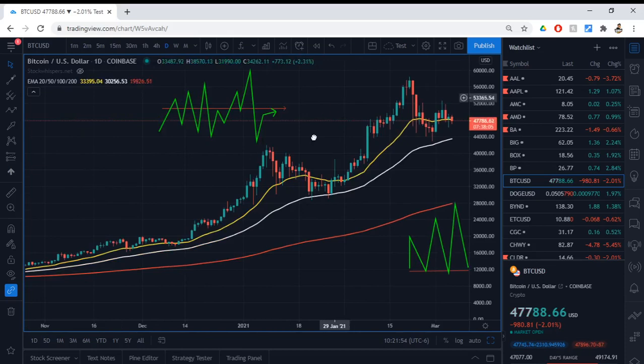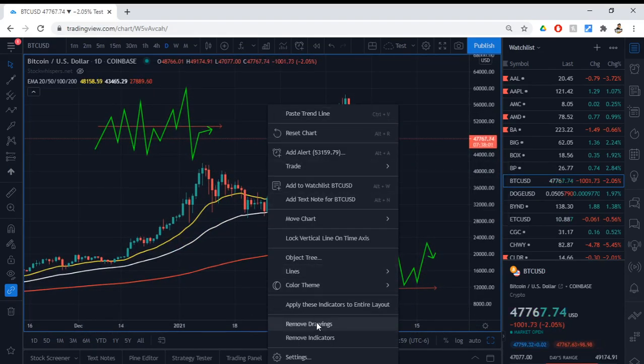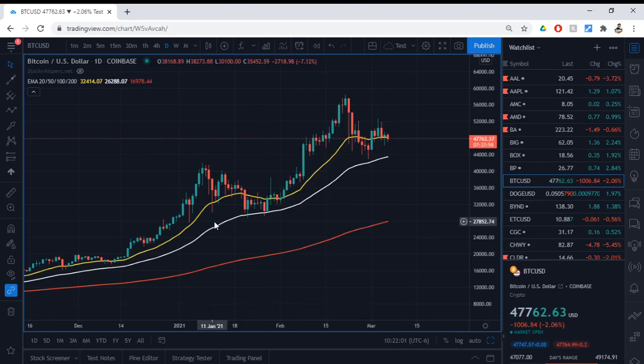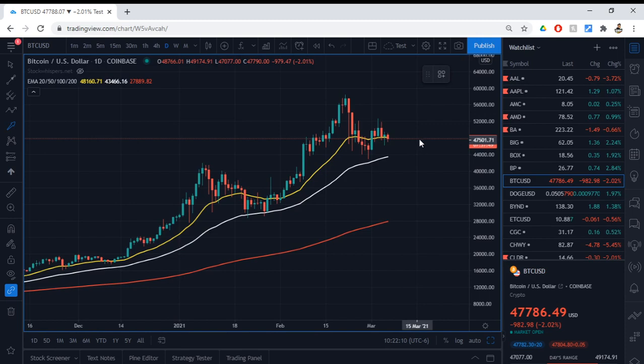Now that we understand the role of a moving average in price movement, I'm going to explain why we use the 20, the 50, and the 200 day. And this is just industry standard, right?